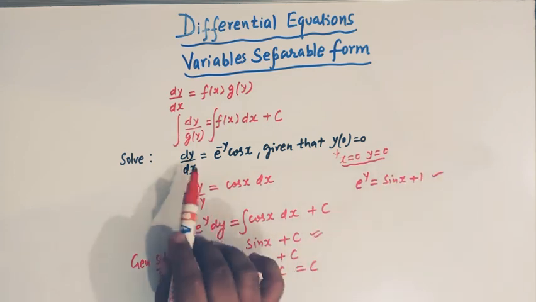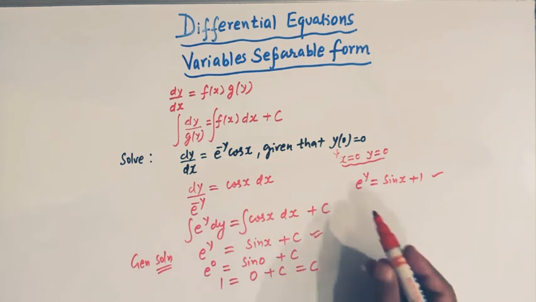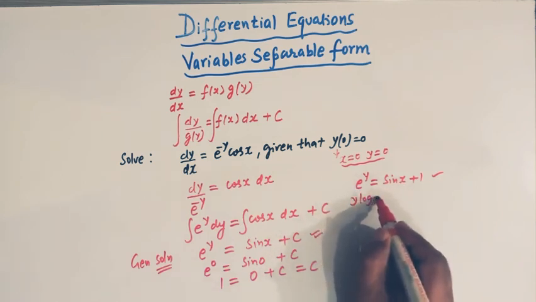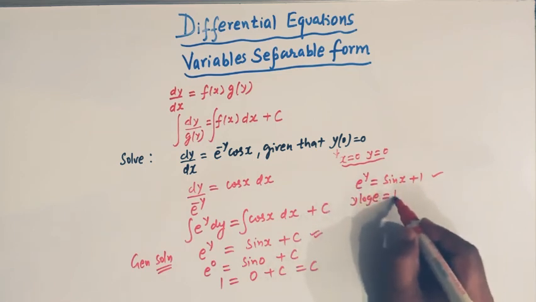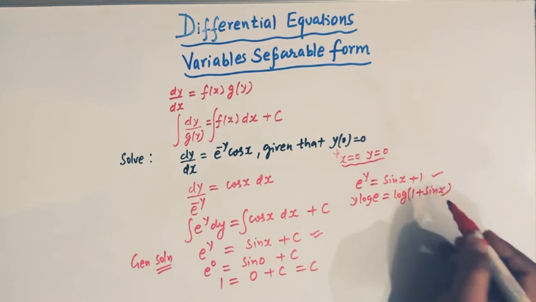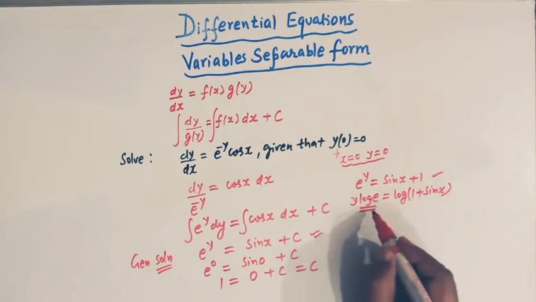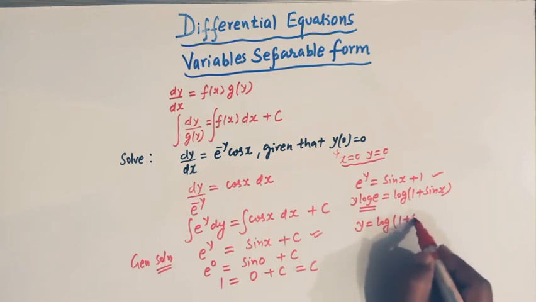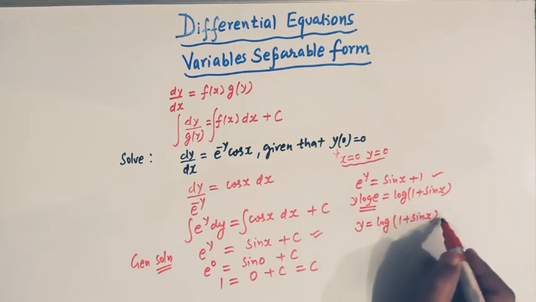So this is the required solution, and this can further be written as, taking log of both sides, y log e is log of 1 plus sine x, and log e is 1, so we have y is equal to log of 1 plus sine x, right?